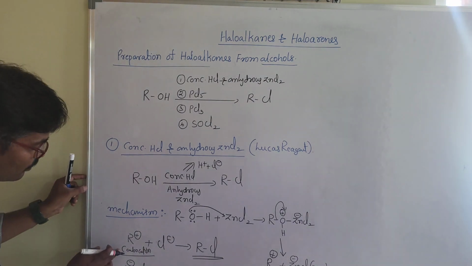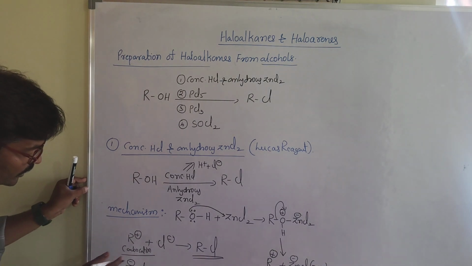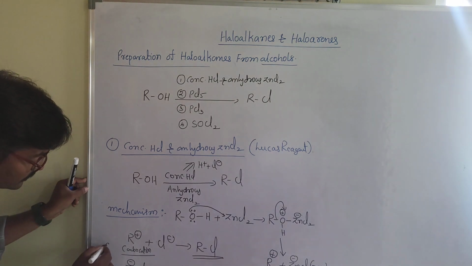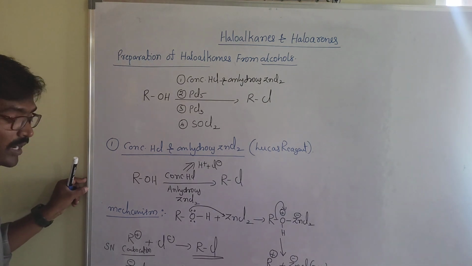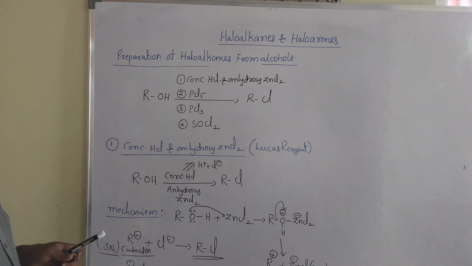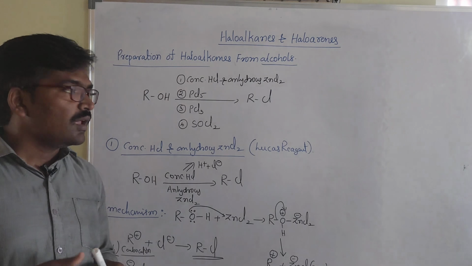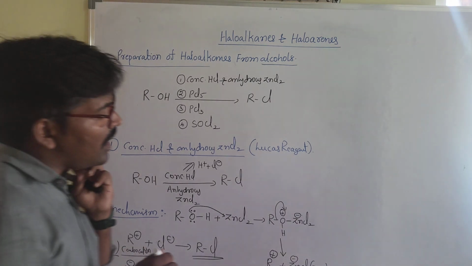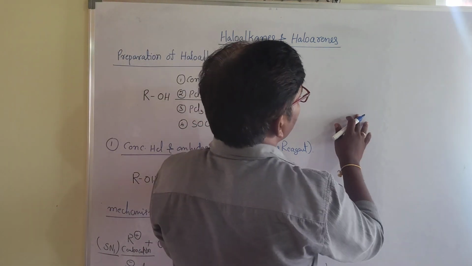Here, the carbocation is formed. This mechanism is also called the SN1 mechanism. In the SN1 mechanism, the intermediate formed is the carbocation. Generally, how is a carbocation?